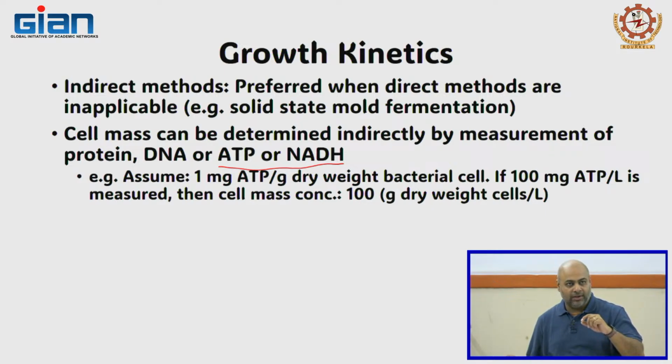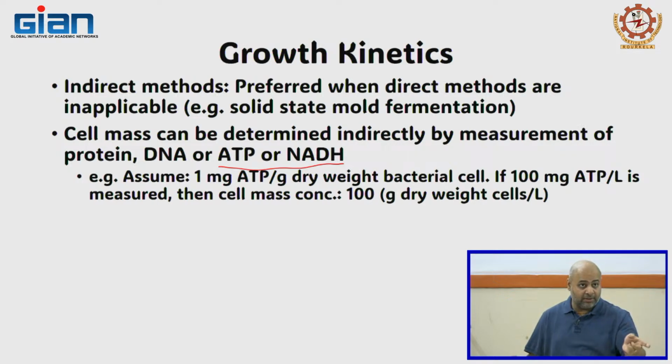So, if you have 100 milligrams of ATP per liter, then you can estimate your cell mass concentration to be 100 grams of dry weight cells per liter. So, you are estimating it indirectly how much of the cell mass is there by estimating a product that has been generated out of the cell or within the cell as part of its metabolic pathway. Or even if the protein is being produced, how much protein is being produced per cell, if you know that, then you can go back and estimate how much your cell concentration would be.